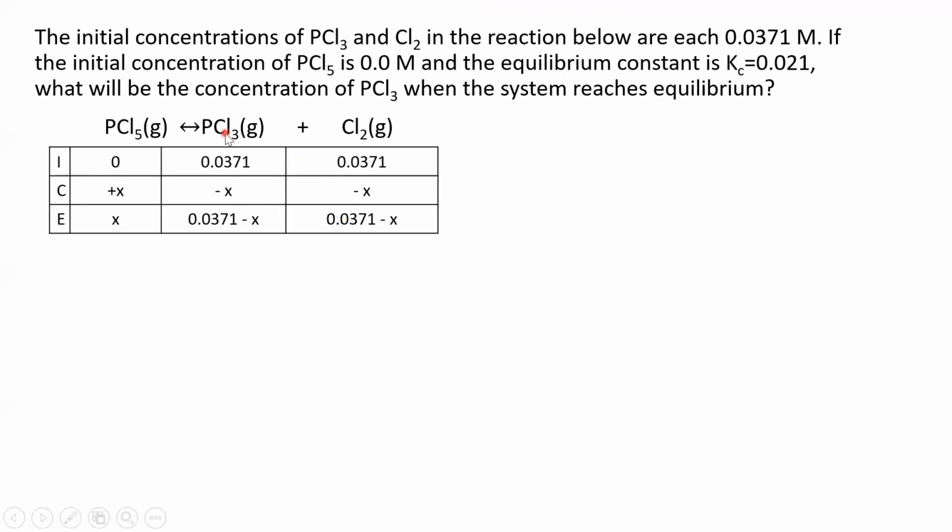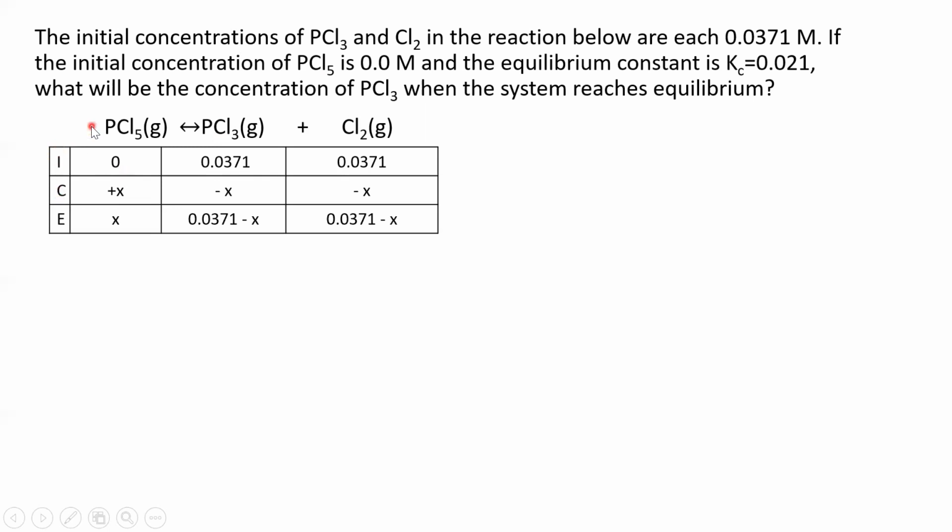This one's starting with the PCl3 and the Cl2, that doesn't matter. Okay, so we've got 0.0371, 0.0371, and 0. Those are the initial values.